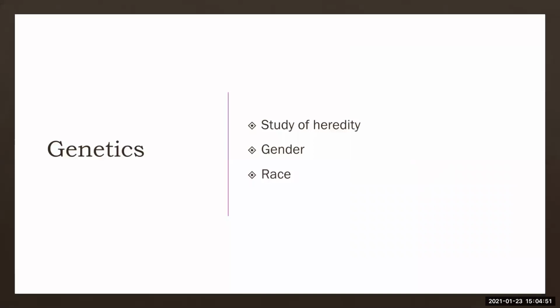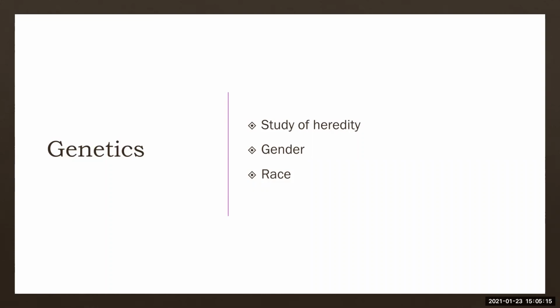So, moving on to genetics. Genetics involves the study of heredity, which is important in OB nursing because it's something our patients will be thinking about. They want to know what that little baby growing inside them has, right? There are many diseases that are passed on genetically or genetically based.